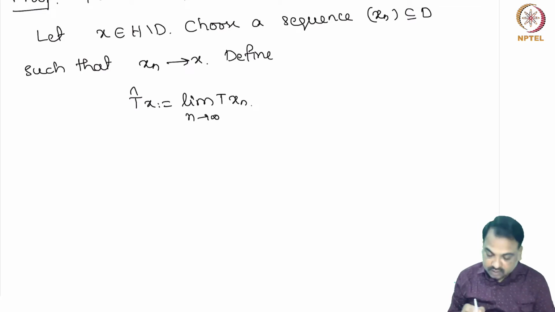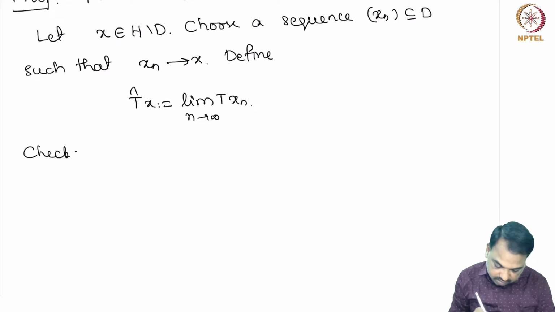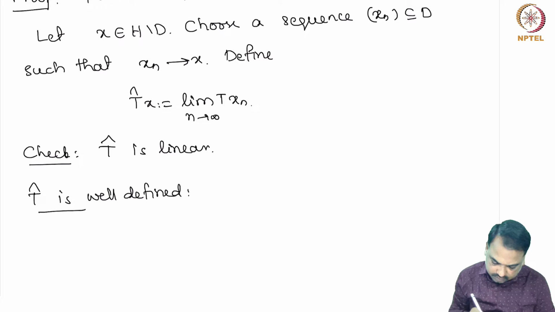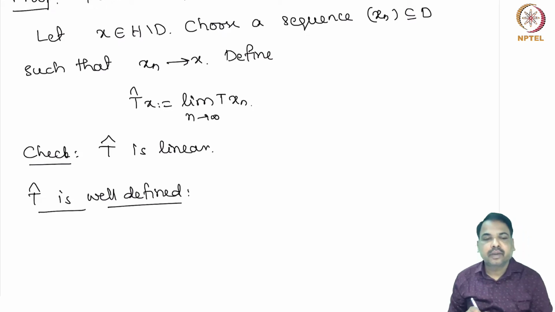Now it is easy to check that T hat is linear. Now we want to show that it is well defined. So next, T hat is well defined. That means we want to show that the definition of T hat does not depend on the sequence that we are choosing to approximate x.